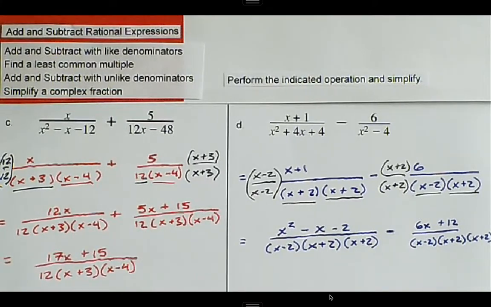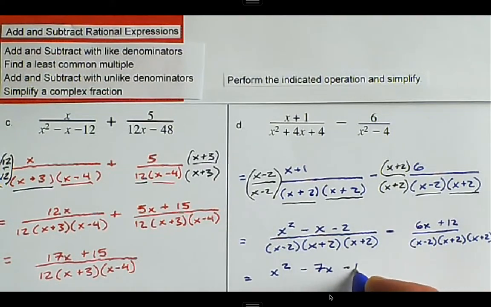Next step is we can subtract these, and we have to make sure that we distribute this negative to each part of this numerator here. So we don't have any other x squared terms, so that's just going to stay x squared. And then we have a negative x minus 6x. That's going to be negative 7x. And then we have a negative 2 minus 12.